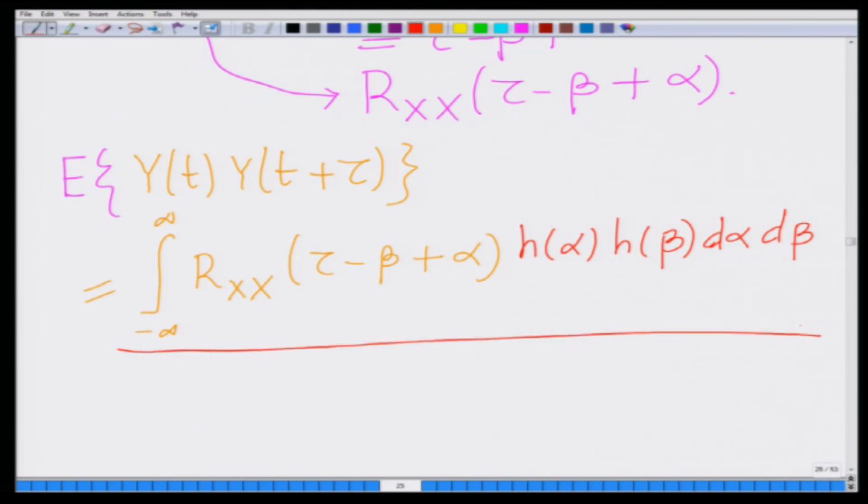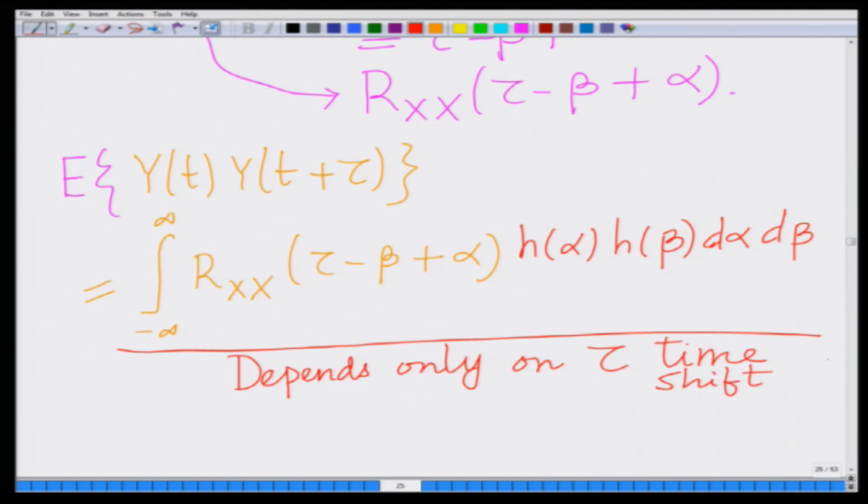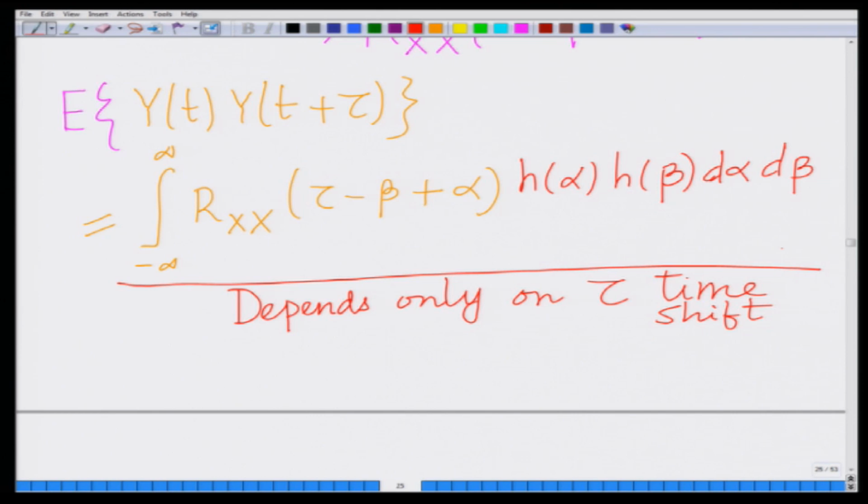Now, you can see this whole thing depends only on the shift tau, that is, expected y t into y t plus tau depends only on tau, the time shift. Therefore, I can denote this by r y y of tau, the autocorrelation of y, which depends only on the time shift tau.